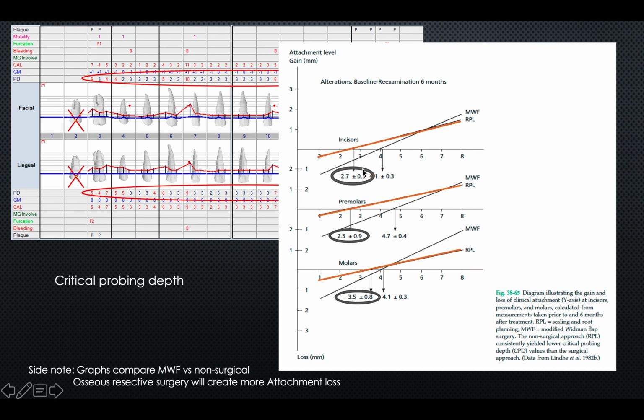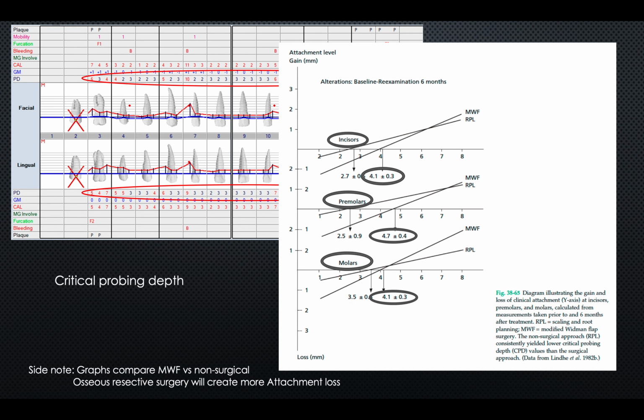So to round it up, if you have 3 millimeter or less, please do not root plane. Remove the subgingival calculus and you just scale it. You take out the calculus. You do not attempt to remove everything from the root surface. And for molars, it leans closer to 4, so it's 3.5 millimeter of probing depth. You don't want to root plane.